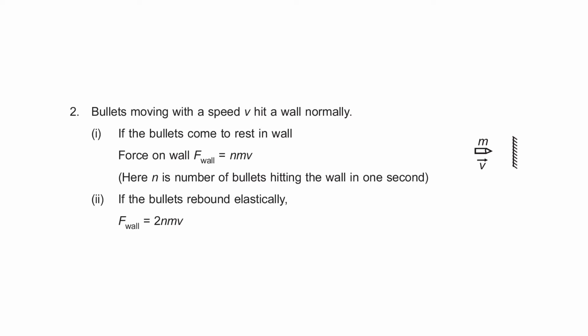Here, n is the number of bullets hitting the wall in 1 second. Now in a second way, if the bullets rebound elastically, refer to the same image, the force on the wall is equal to 2nmv.